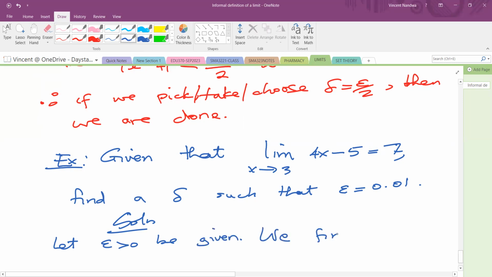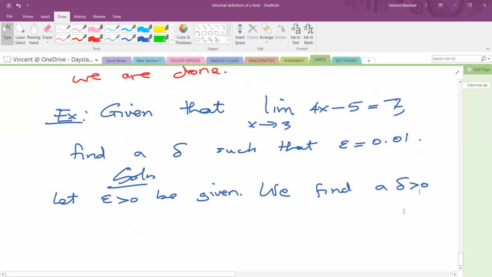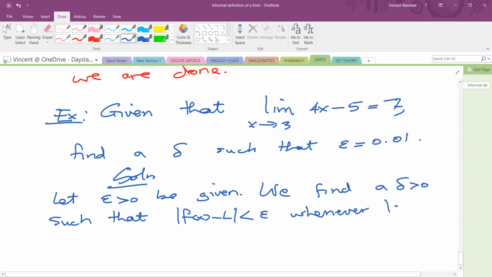So we find a delta, which is also positive, such that when we take the absolute value of f of x minus L being less than epsilon, that must always be true whenever the absolute value of x minus a is less than delta.